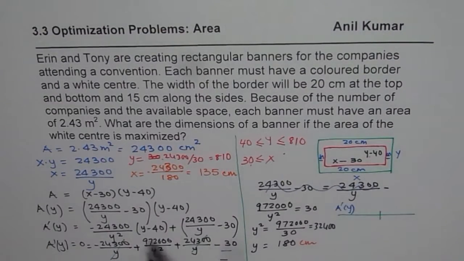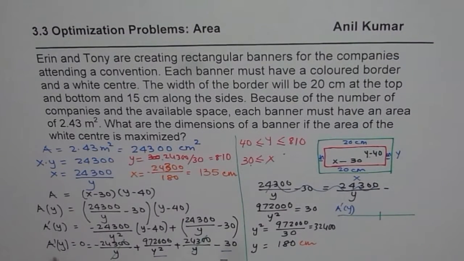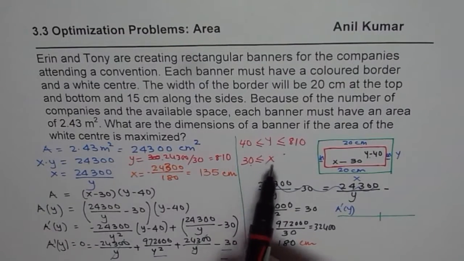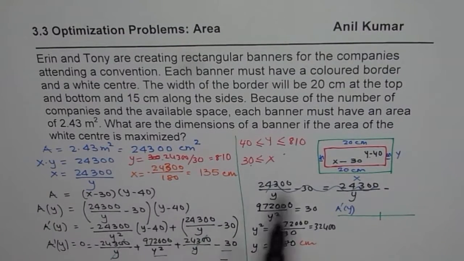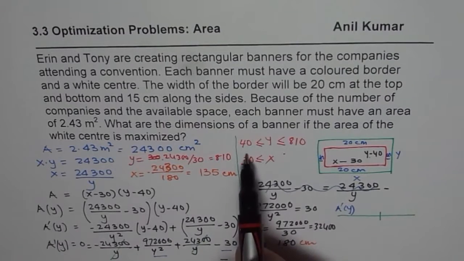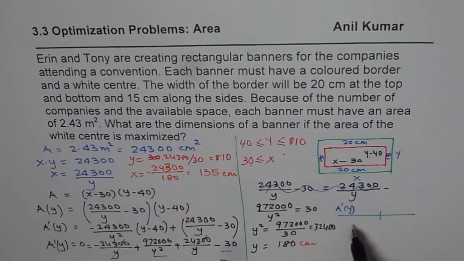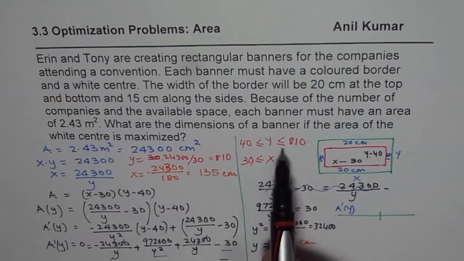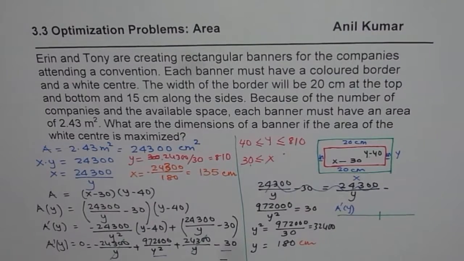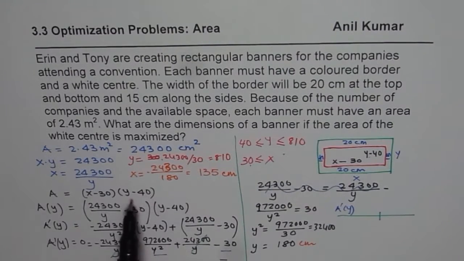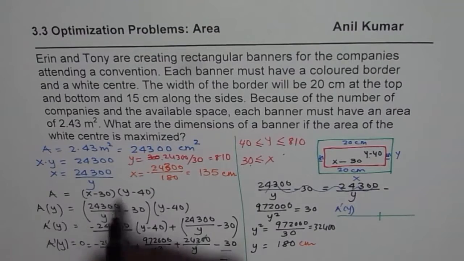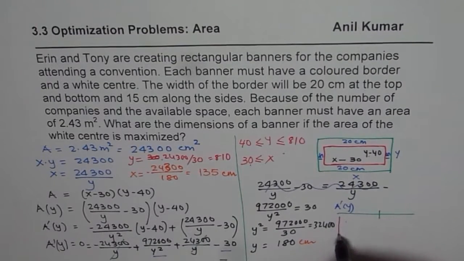So you can find the value of the function for these two y values, 810 or 40, and find which one is the maximum. For a test point, we can take 40 as one test point and the other point which I could take is 810. So we'll change the strategy.